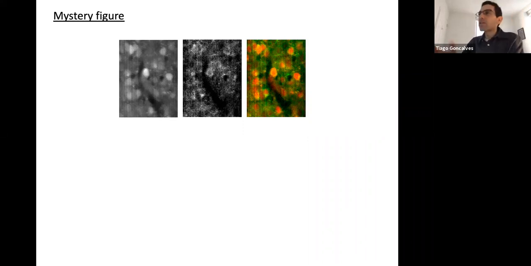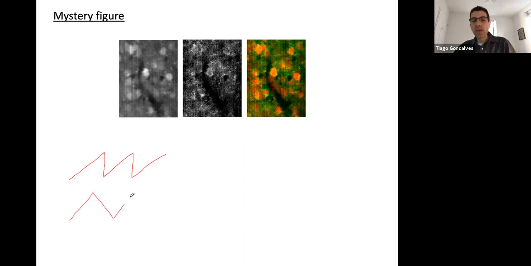So what's happening is that you're scanning, and there are different ways of scanning. You pump a control voltage, and most of the time you do a sawtooth wave. So you do something like this. You scan a line, you go back to the beginning, you scan the next line, you go back to the beginning, you scan the next line. But there's also bidirectional scanning, which is faster. You move the mirror like this, and you scan on both the way forward and on the flyback of the mirror.